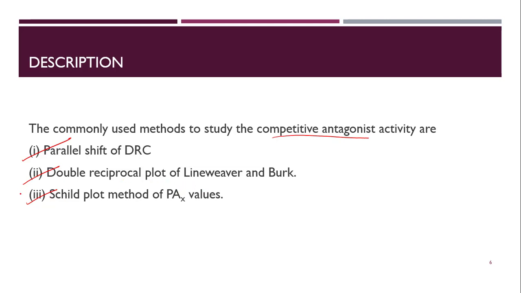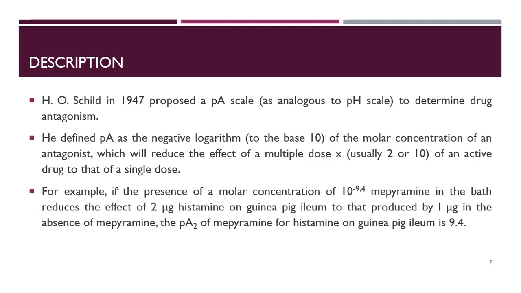The third method, Schild's plot method, is our concern today. The other two methods, if we get time in future, we will study, but today's focus will be only on the Schild's plot method. Let us see what this Schild's plot method is.